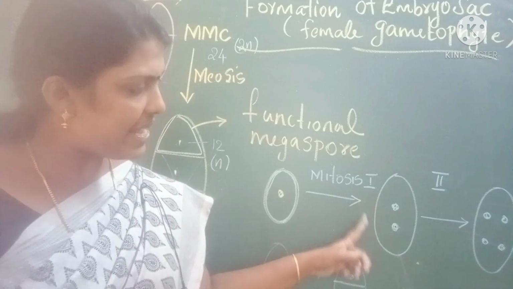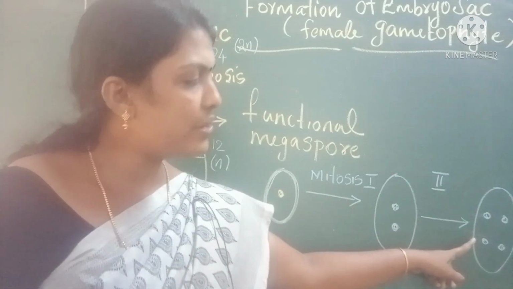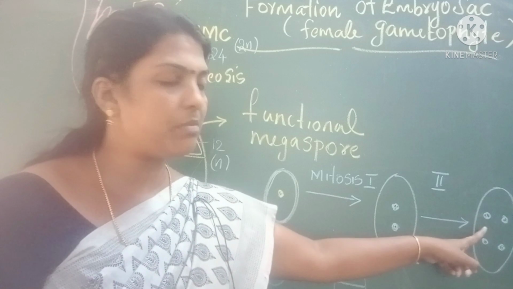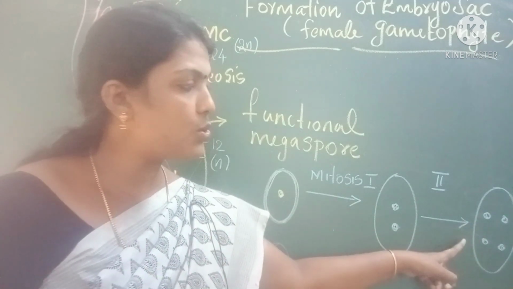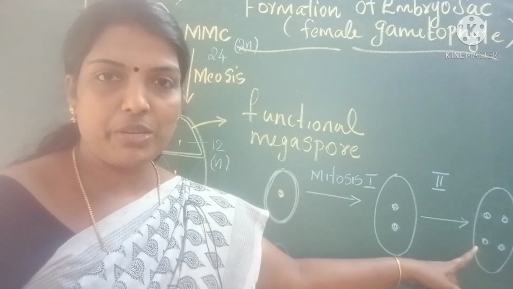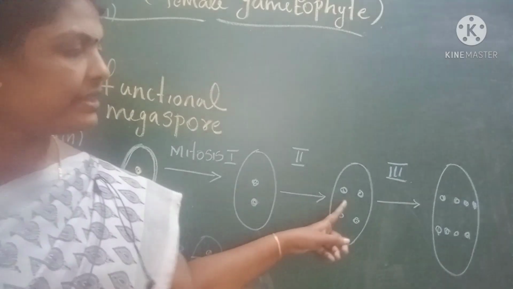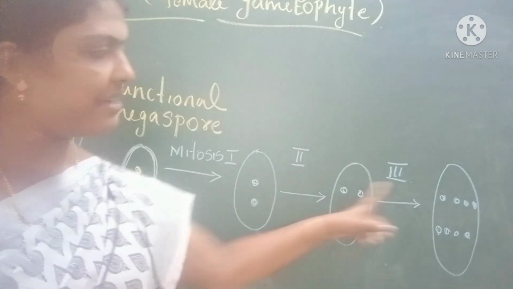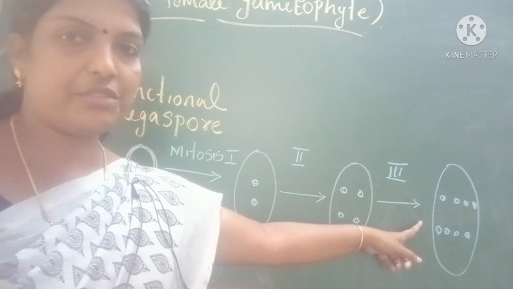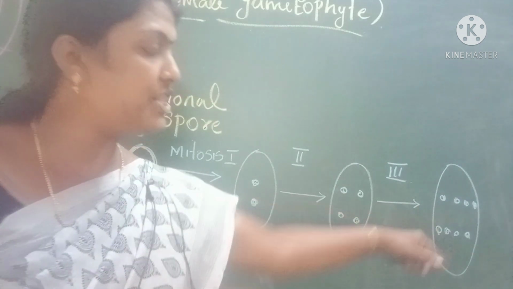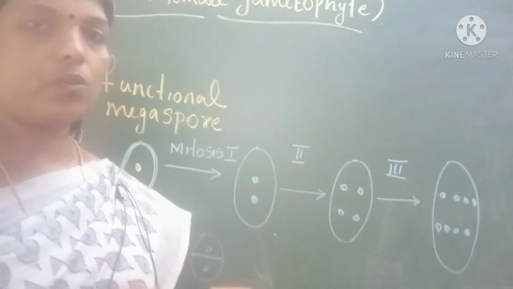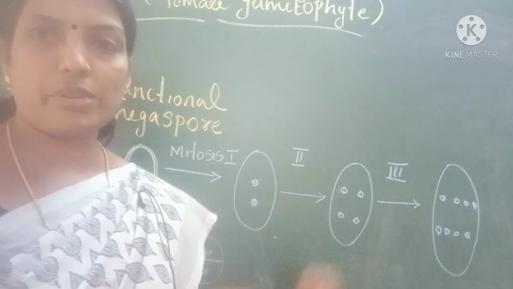Clear? Next, again these 2 nuclei undergo mitosis. Again it becomes what? 4, and here also there is no immediate cell wall formation. Again these 4 nuclei undergo the 3rd mitotic division and become what? 8 nuclei.